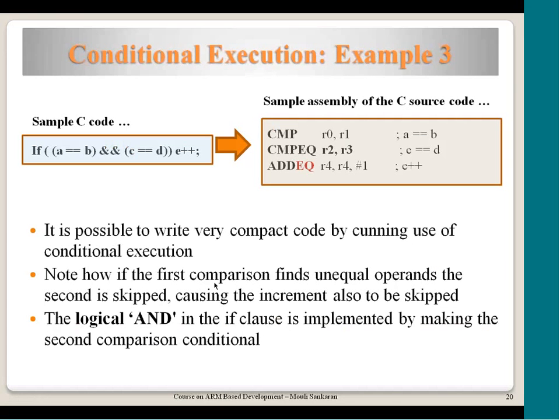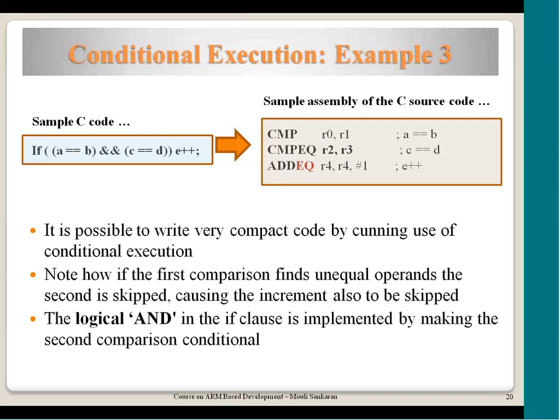Now, if the first comparison finds unequal operands, the second is skipped. Suppose this itself is false, now this will be skipped. What happens when this is skipped? This will also be skipped. So if A is not equal to B, it will not go into the if condition at all, as per the C programming convention, right? Now you want to see whether that happens here. Compare, it is not the same. So the EQ condition is not met and this is not executed.